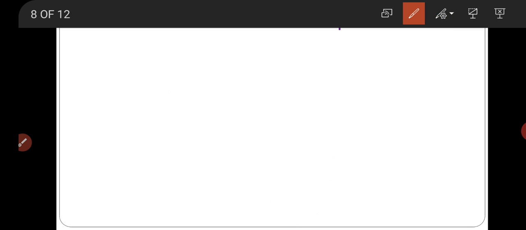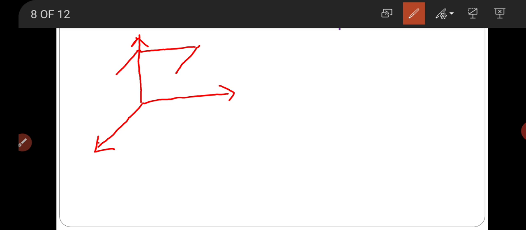Now let us take another example to calculate the Miller indices for a plane. Now consider here the cubic lattice structure. So you can draw the cubic structure.